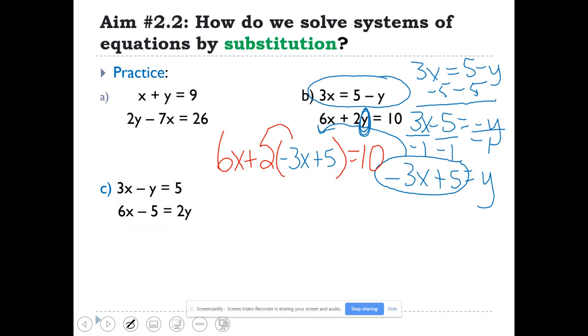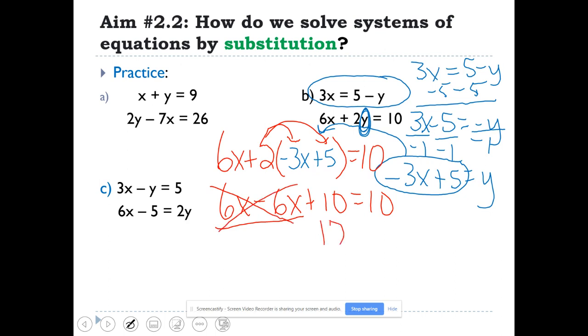Now we can solve. I'm going to start with distributing that 2 to get rid of our parentheses. So that's negative 6x plus 10. These are like terms. 6x minus 6x is 0. So I'm left with 10 is equal to 10.